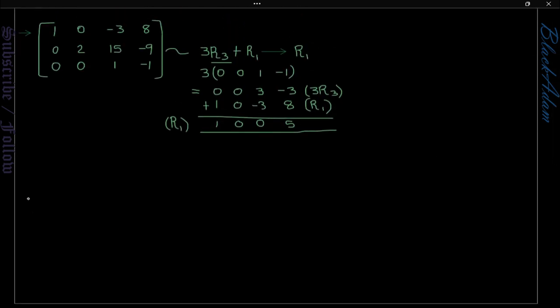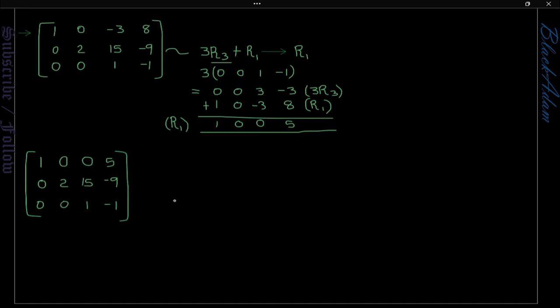Replacing that on row 1 gives us 1 0 0 5, that's for row 1, and then row 2 is 0 2 15 -9. Row 3 is 0 0 1 -1.